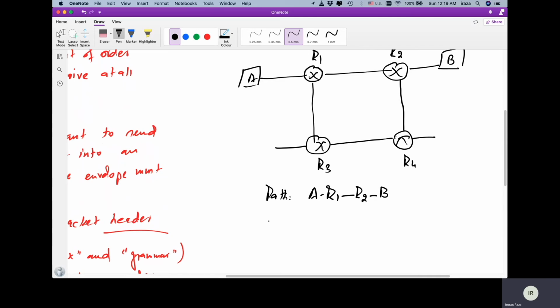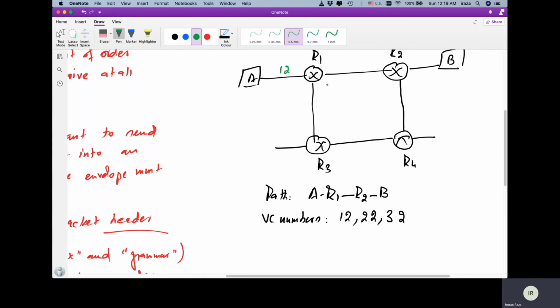And let's assume that the following VCs or virtual circuit numbers are assigned. So the virtual circuit numbers are, say, 1, 2, 2, 2, and 3, 2. This means when a packet leaves A for R1, it has virtual circuit number 1, 2.